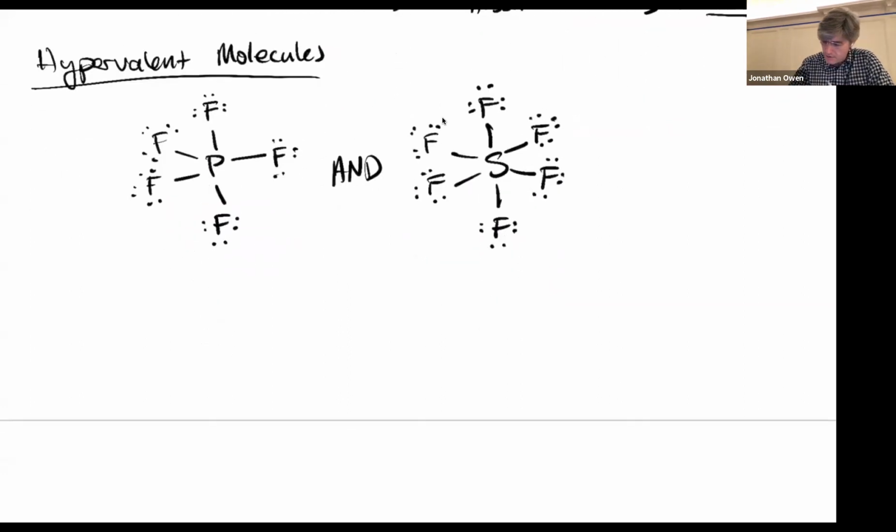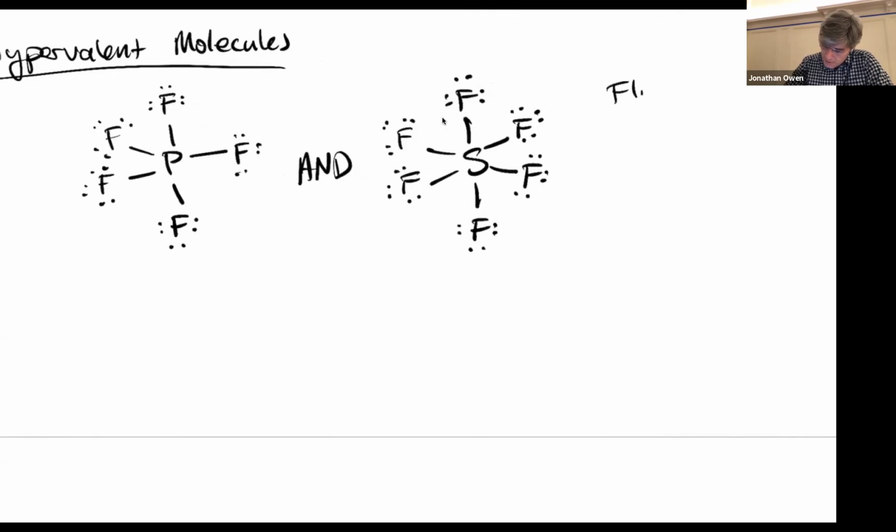So let's do the math here on sulfur hexafluoride. Any one of these fluorines has 1, 2, 3, 4, 5, 6 electrons in lone pairs. So 3 lone pairs and 1 bond pair. So fluorine has an octet, right? How about sulfur?